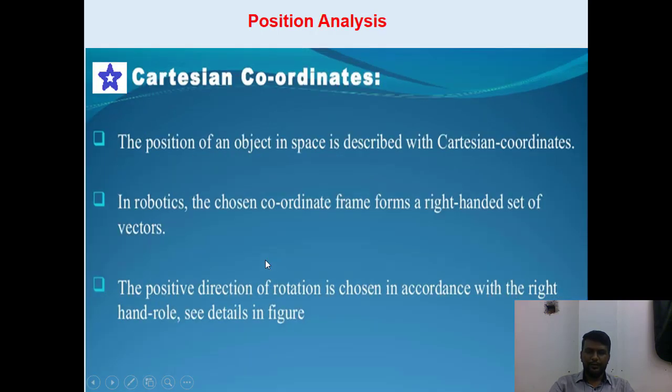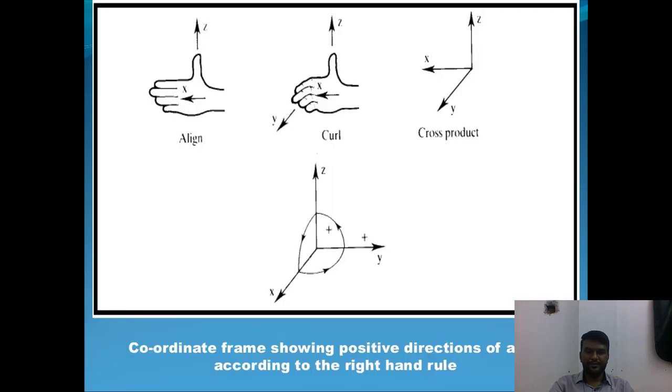So for this purpose, we are going to use the Cartesian coordinate system with a right-handed set of vectors. The right-handed set of vectors means, if you take your right hand, the thumb will indicate the z-axis, while the fingers and the palm will indicate the x and y axes. Thumb indicates the z-axis.